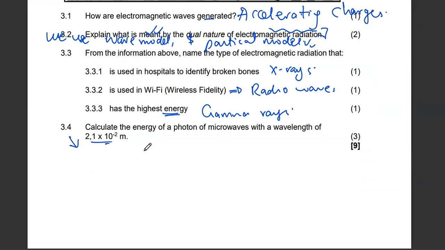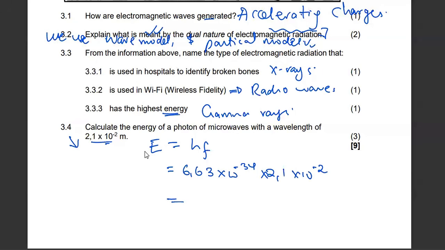So Planck's formula or Planck's equation: E is equal to hf. It's going to be 6,63 times 10 to the negative 34 multiplied by the frequency, 2,1 times 10 to the negative 2. When I punch this into my calculator, does this make sense?